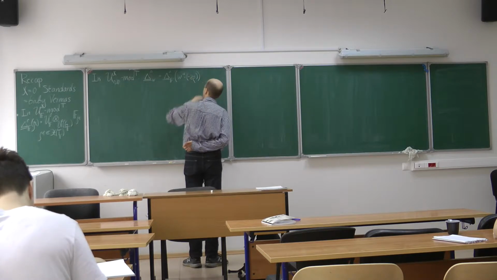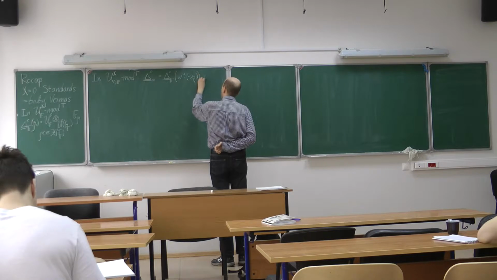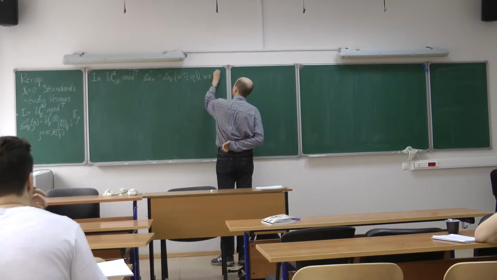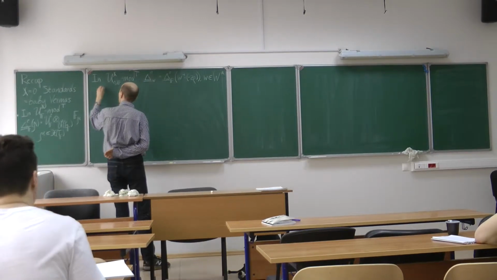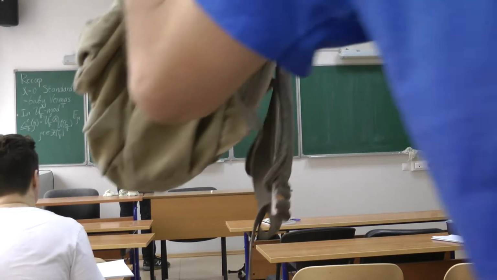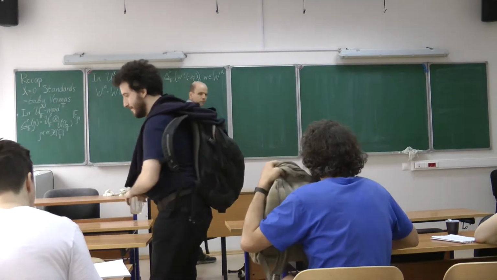Okay? And here w is in the affine Weyl group. So W^a was the affine Weyl group, which is W semi-direct with the character lattice.